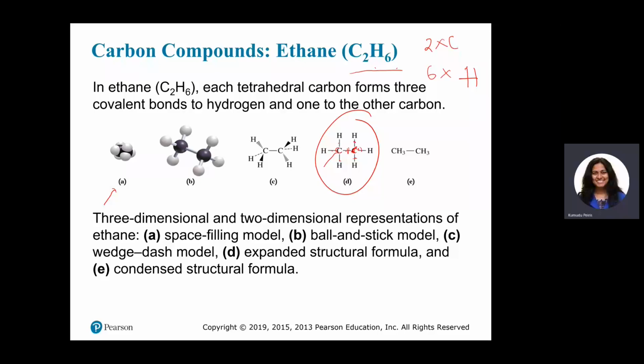And those bonds are connected to the hydrogens. So both carbons have an octet around them. The structure was represented using these 5 different types of representations.